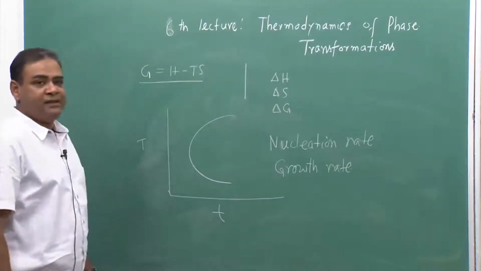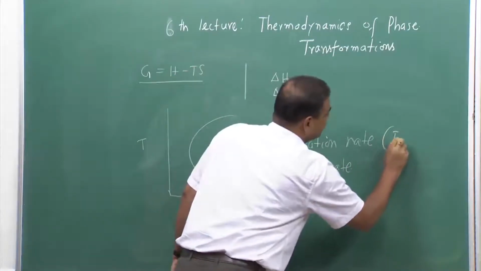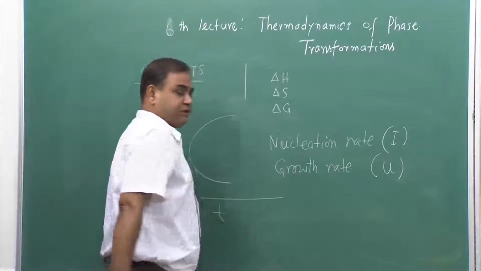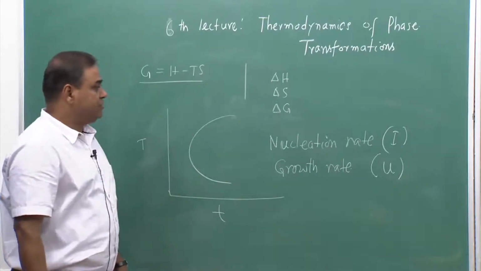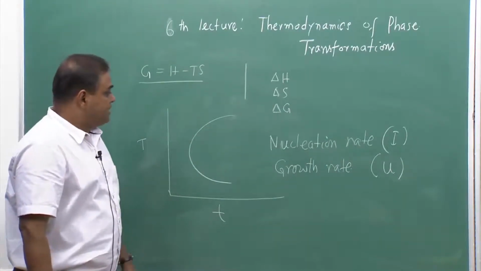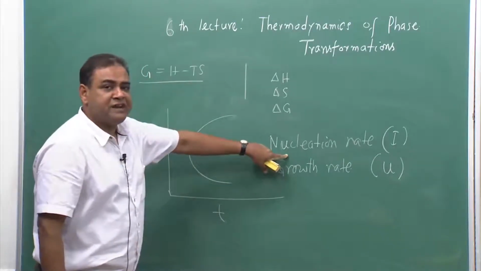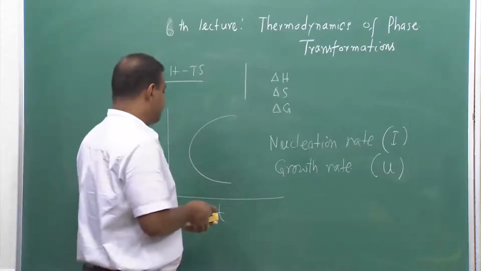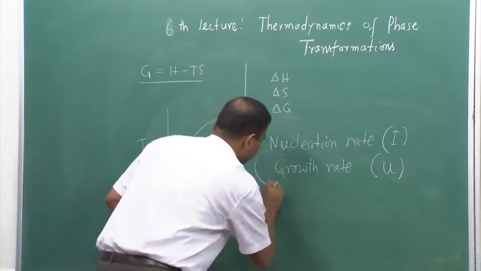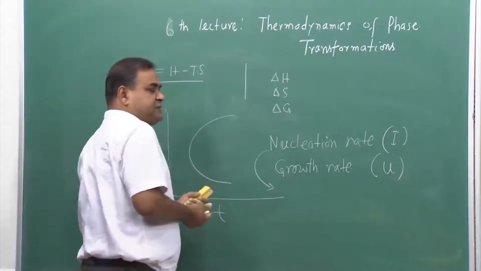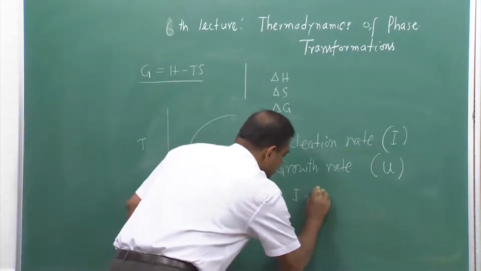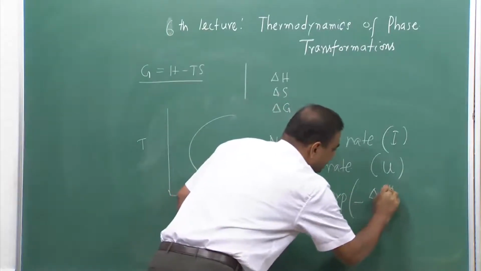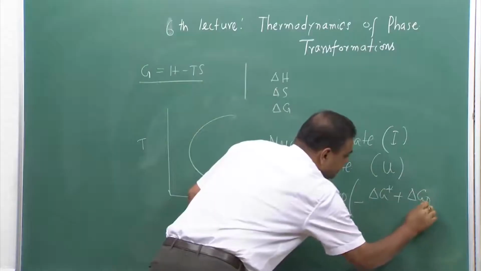The notation would be U and V. U is basically the growth rate and nucleation rate is denoted by I. Now, this nucleation rate has its own expression, and I am just writing the expression: I equal to I0 exponential minus del G star plus del G d by kT.